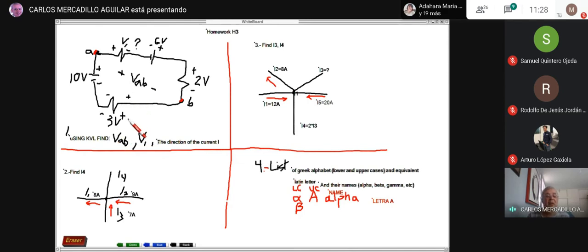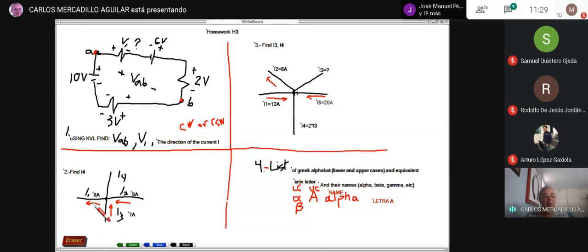That has a meaning on the direction of the current, which is the direction of the current here, clockwise or counterclockwise. That's what you have to indicate.